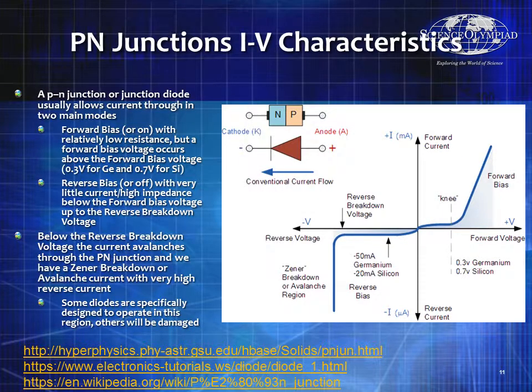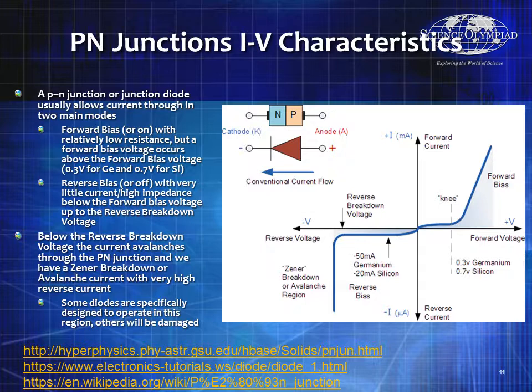When we look at the I-V characteristics, and this is a much more in-depth view, you'll notice that we have the forward bias. Above that, we have a very small on resistance. Keep in mind the forward bias voltage is going to be about 0.3 volts for germanium and about 0.7 volts for silicon.